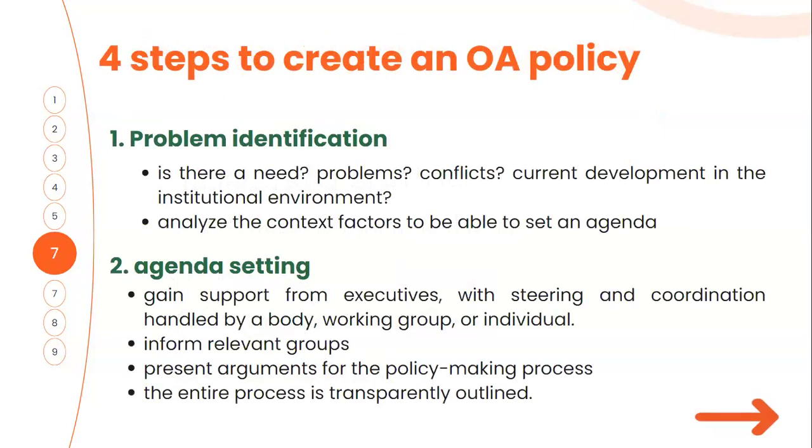But if you look at open access policies, you need only 4 steps to create a policy. And this is theoretical, because when you start doing this, you will find different things might happen, like different challenges, different obstacles, different mindsets.